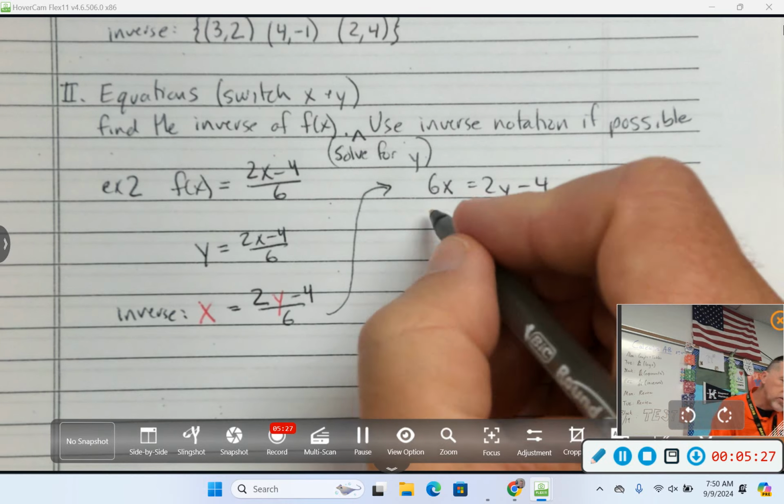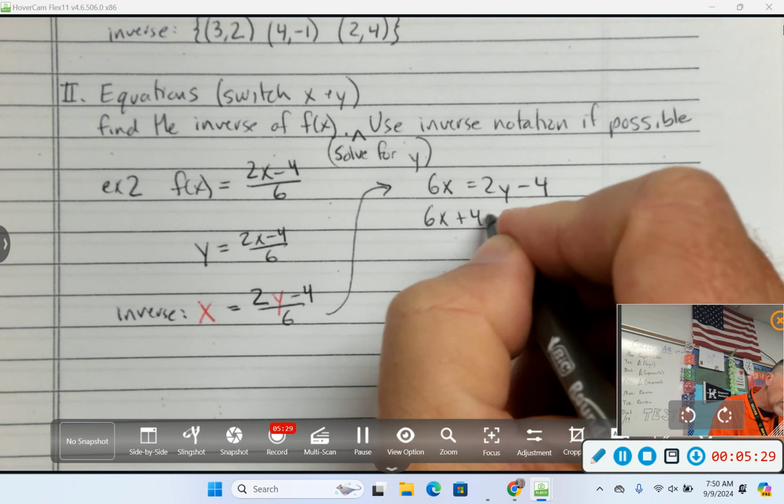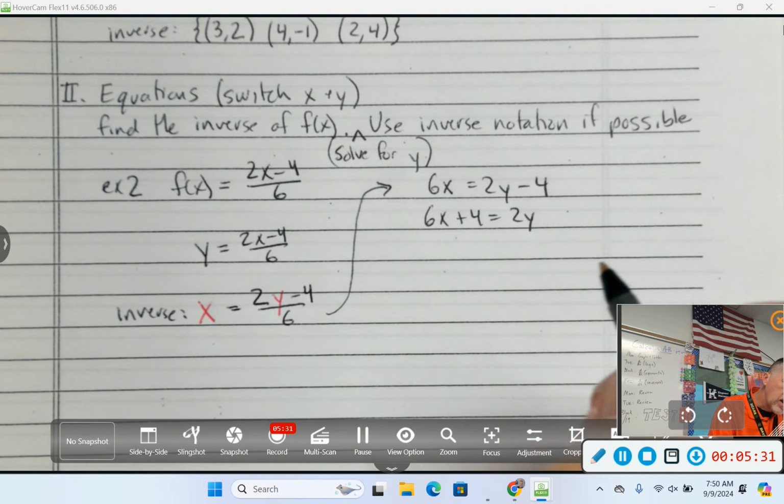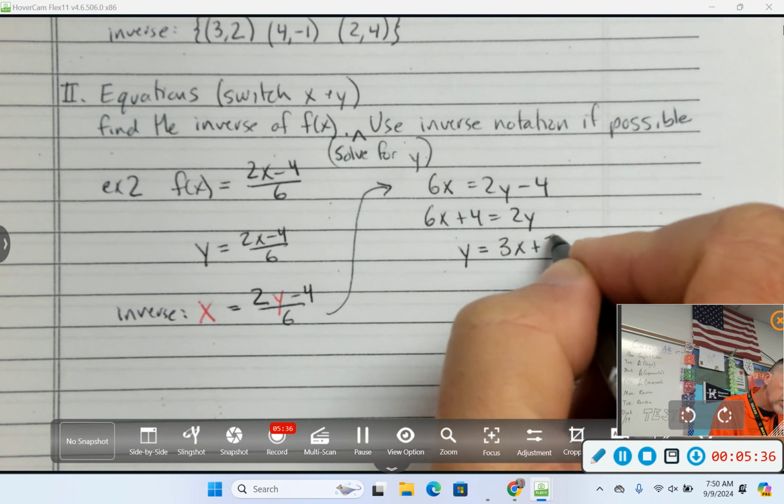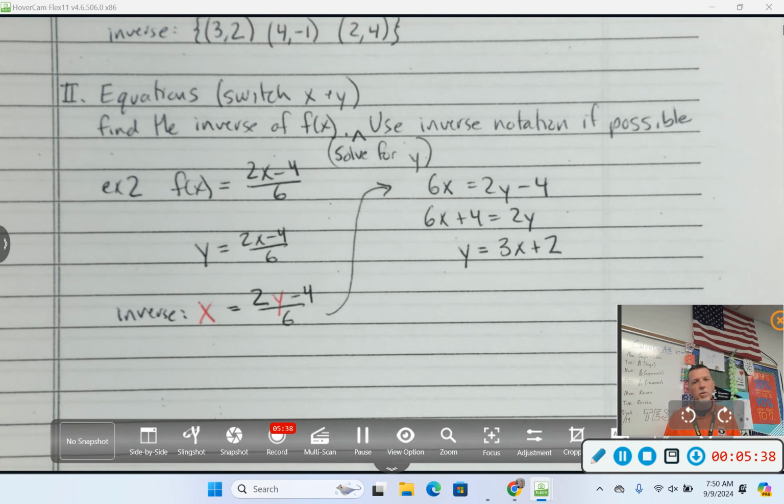Let's add 4 to both sides. Divide by 2. So y equals 3x plus 2. Divide by 2? 6 divided by 2? Still 3.